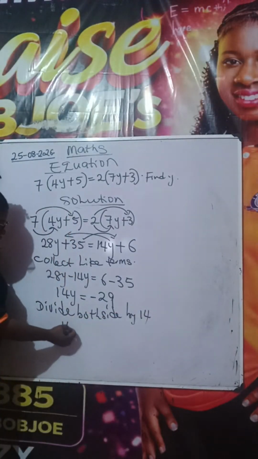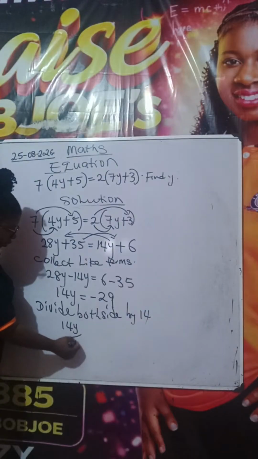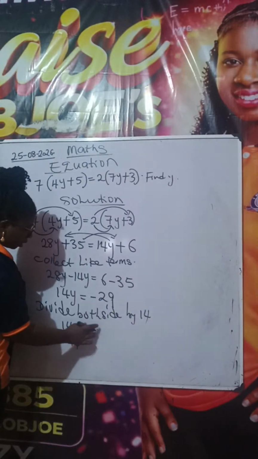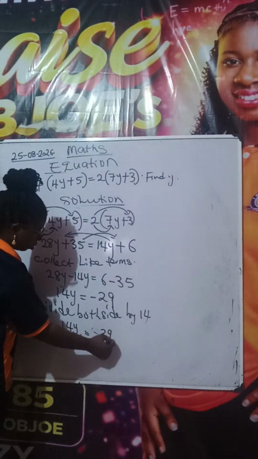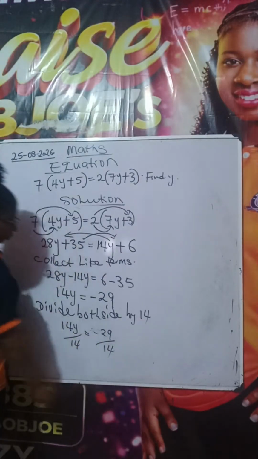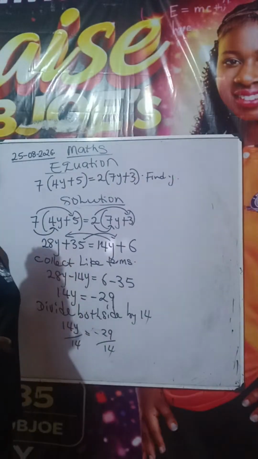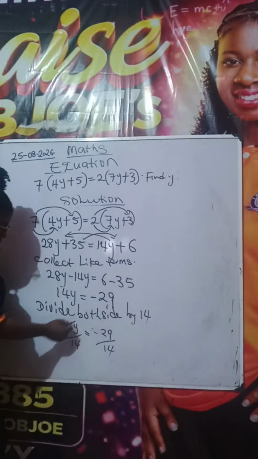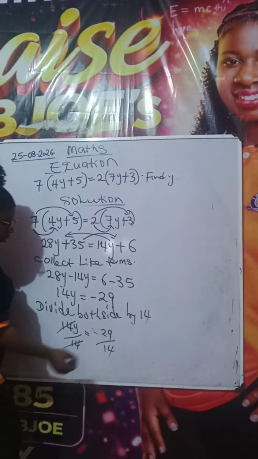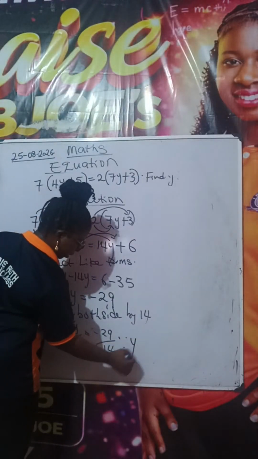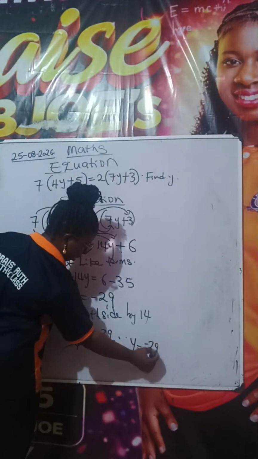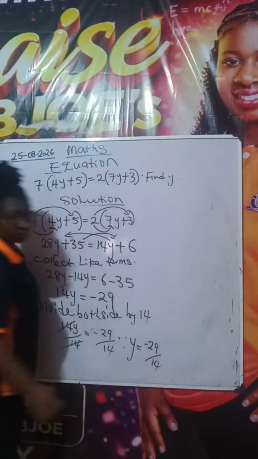So you write 14y over 14 equals minus 29 over 14. Now we are going to cross out the 14. So therefore our y is minus 29 over 14.